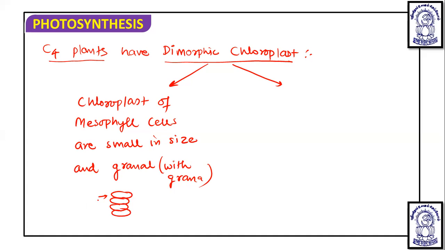These are the thylakoids, and these thylakoids are arranged in granum. So we call it a granal chloroplast.